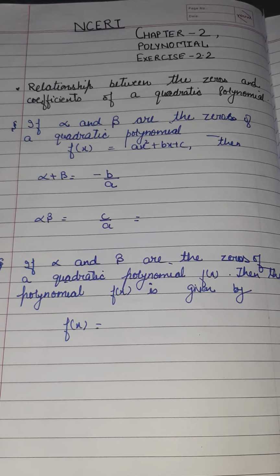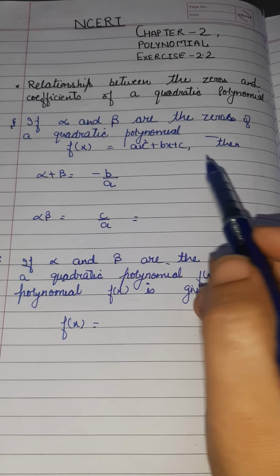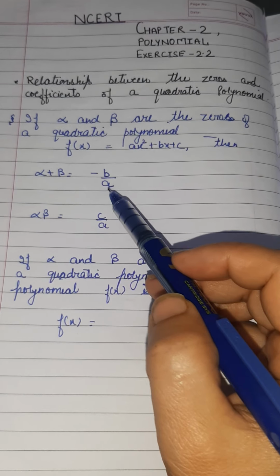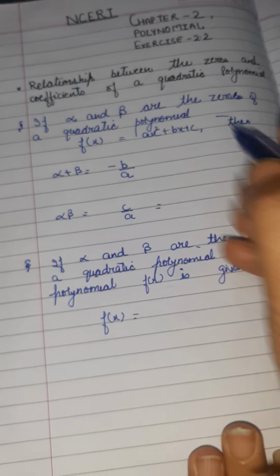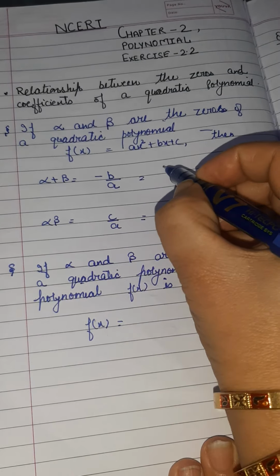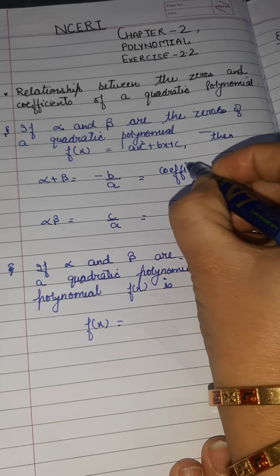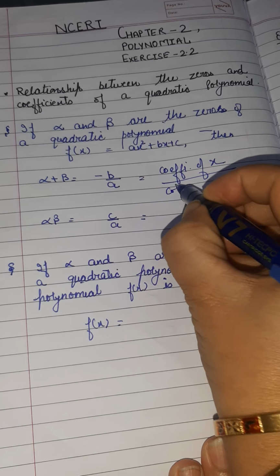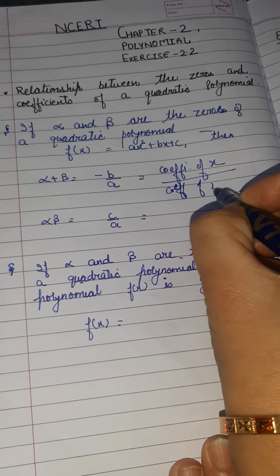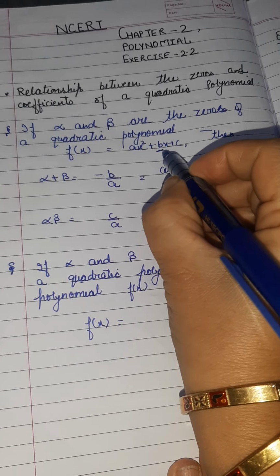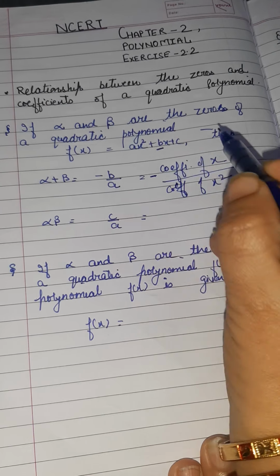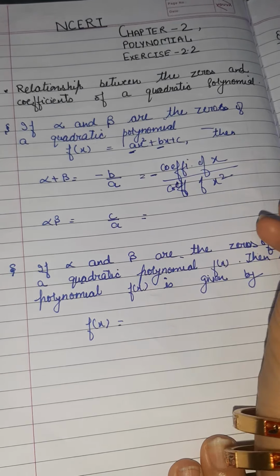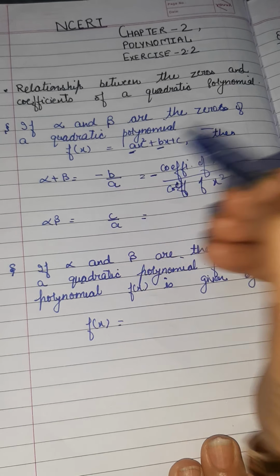Then the sum of the zeros, alpha plus beta, equals minus b upon a. Minus b upon a means minus coefficient of x upon coefficient of x square.